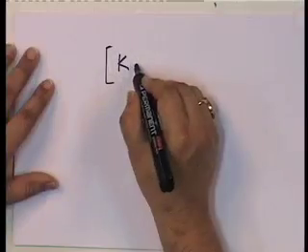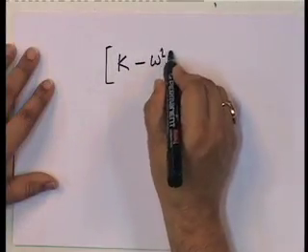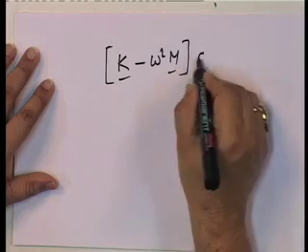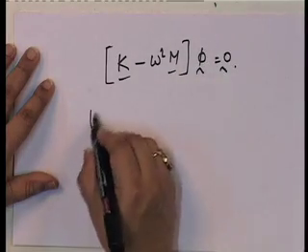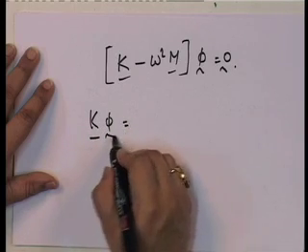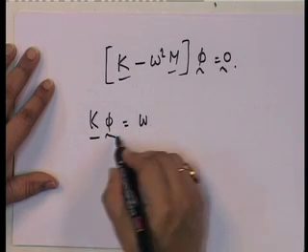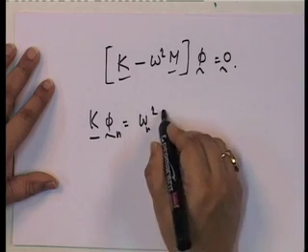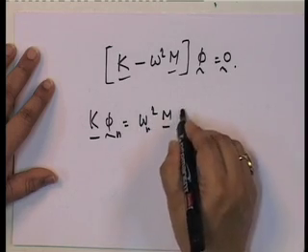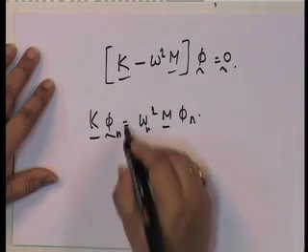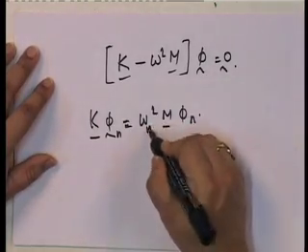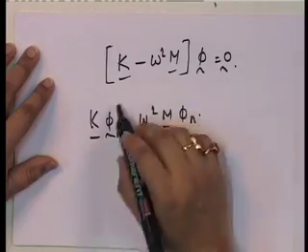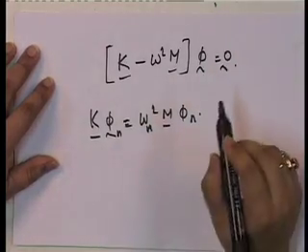If you go back, k minus omega squared m into phi is equal to 0. So k phi n is equal to omega n squared m phi n. This is only valid for a specific omega. Is that clear? That is why you can't just write it arbitrarily.